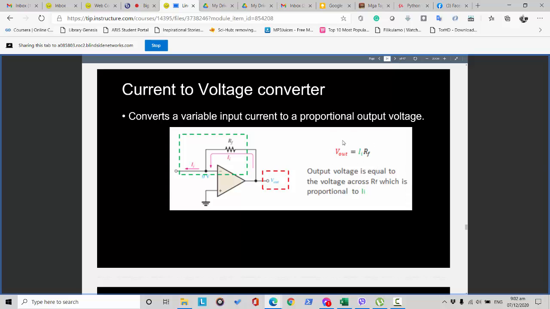So basically ang dali lang nito, no? Compute mo lang yung current na naging input natin, multiplied mo siya sa resistance natin sa feedback element natin, which is this one. Okay? The output voltage is equal to the voltage across the feedback resistance, which is proportional to the input current.